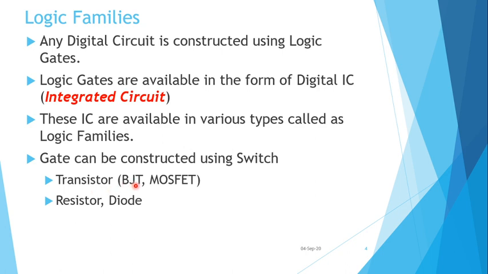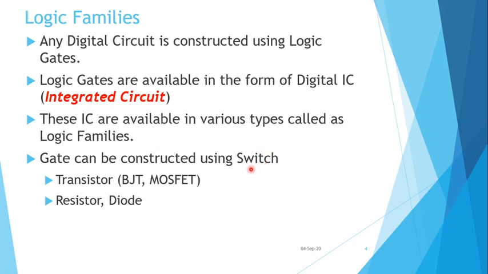It can be a BJT or a MOSFET. BJT, B stands for bipolar, meaning current can flow because of both holes and electrons, both of these charge carriers. MOSFETs are also called unipolar devices because current flows only due to either electrons or holes, not both.